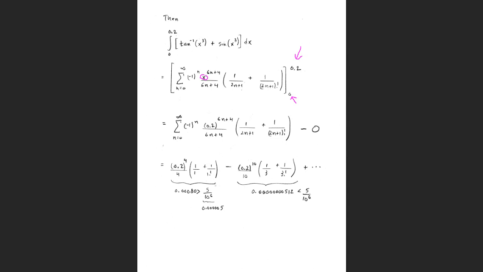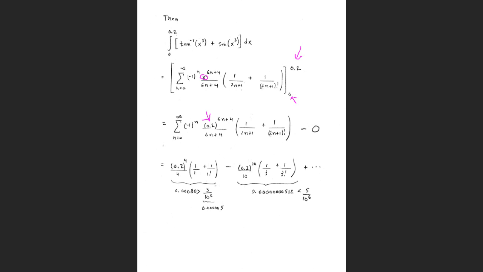So 0.2 would go into x, and then 0 would go into x. Just like when you evaluate a definite integral, the top limit goes in first, minus the expression or the antiderivative with the bottom limit.